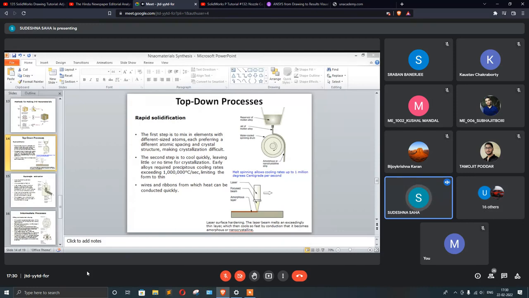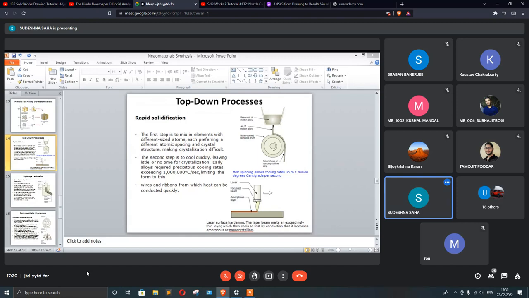Those of you from a mechanical background have an idea about high strength low alloy steels, right? They basically get their strength from nano dispersed carbides. This is why it is very important that you understand the methods of making 3D nanomaterials.